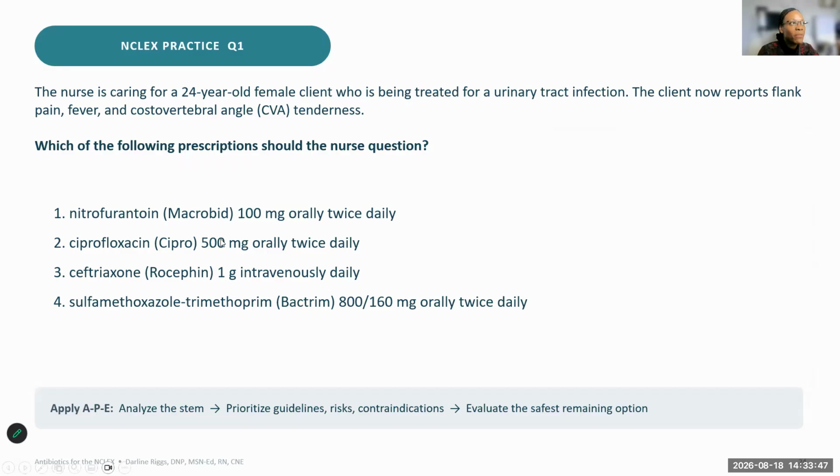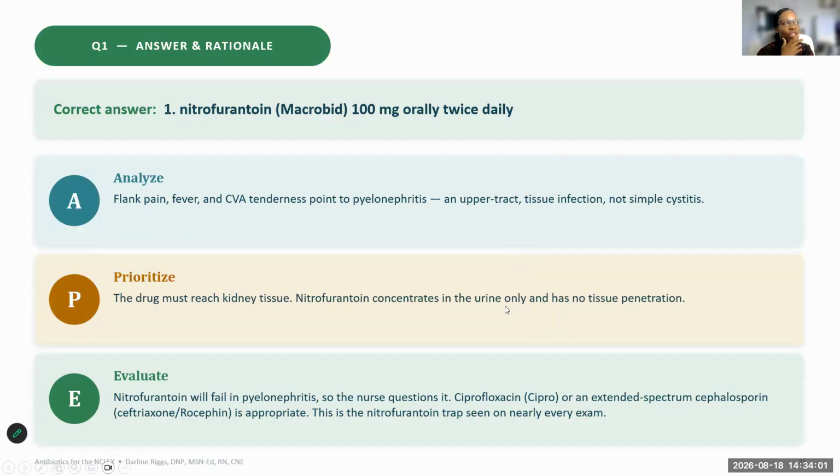Evaluating. So I'm going to look at the others. Cipro is fine. Rocephin is fine. Bactrim is fine. Nothing tells me there are allergies that would rule out the others. No age that would. So that's how you answer a question like this. Analyzing the flank pain, the fever, the CVA tenderness tells me this is an upper.